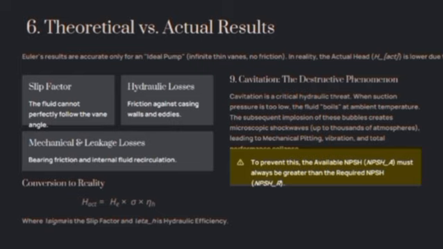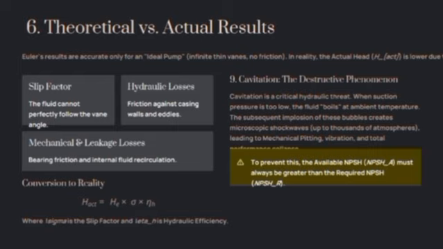In reality, the actual head is lowered due to: one, slip factor, the fluid cannot perfectly follow the vane angle; two, hydraulic losses, friction against casing walls and eddies; three, mechanical and leakage losses, bearing friction and internal fluid recirculation. Conversion to reality, where sigma is the slip factor and eta h is hydraulic efficiency.